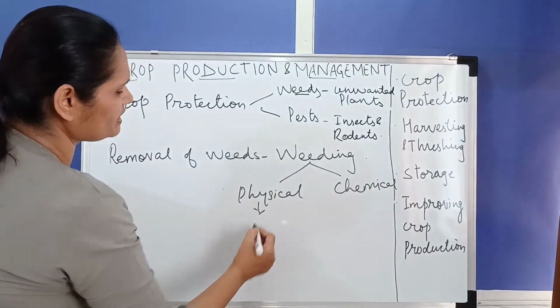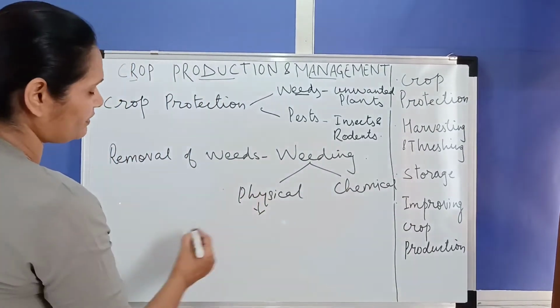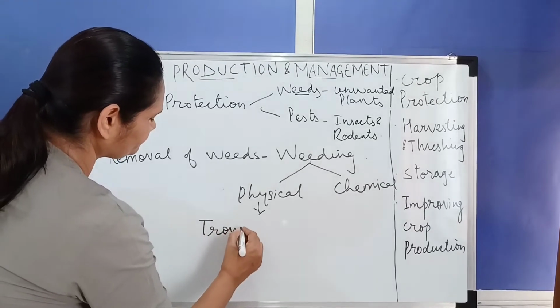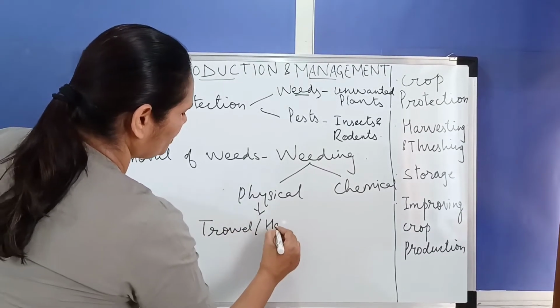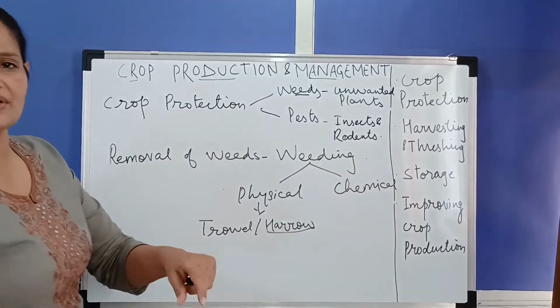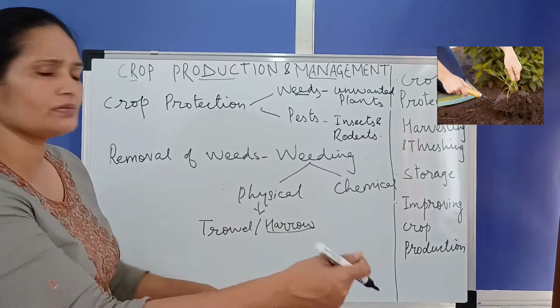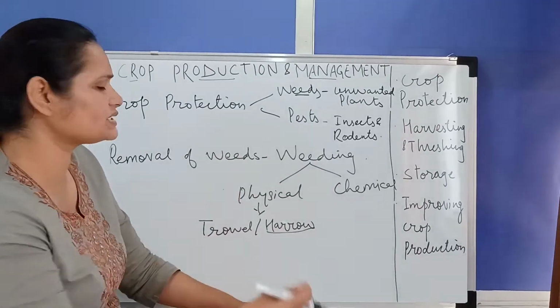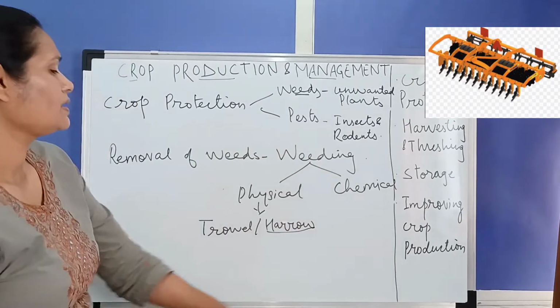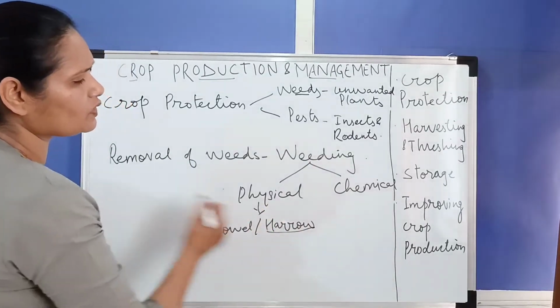The physical method involves using a trowel or harrow. A harrow is a tool which has a comb-like structure. So removal of the weeds manually becomes convenient using the harrow. This is the physical way of removing the weeds.